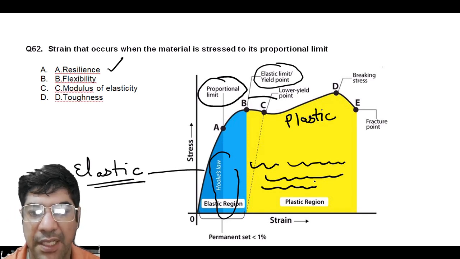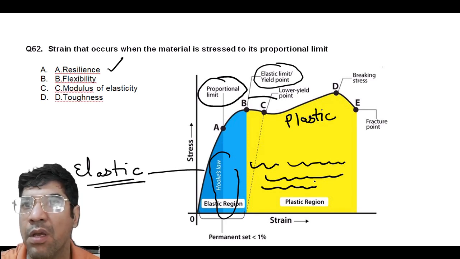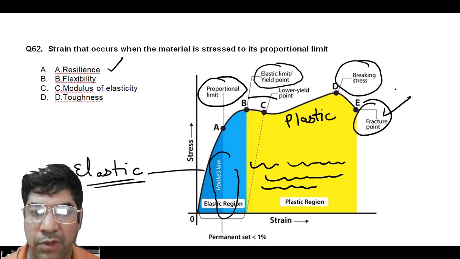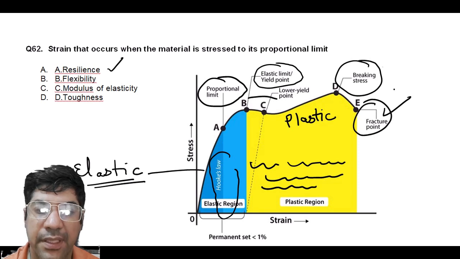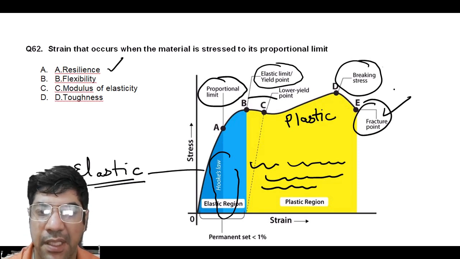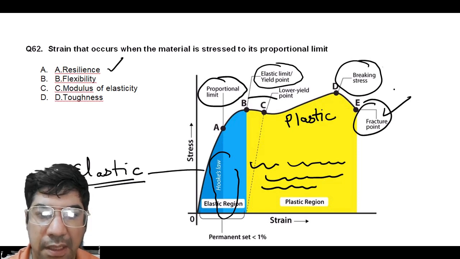The stress strain curve eventually reaches a point where the material ruptures or fractures. The fracture point is a point at which material can no longer support the applied load and it breaks. The ultimate tensile strength is the maximum stress the material can withstand before fracturing.